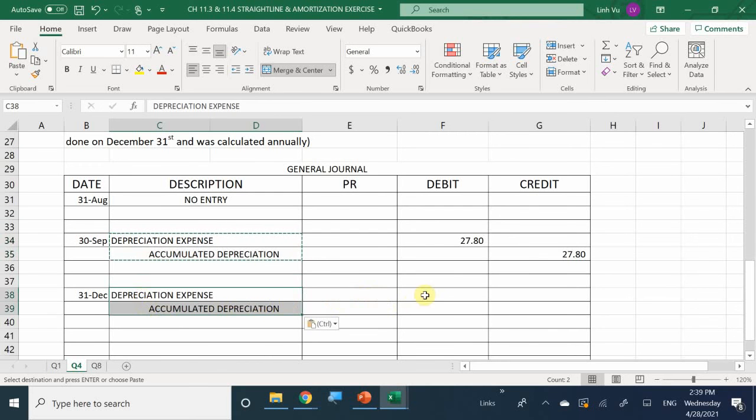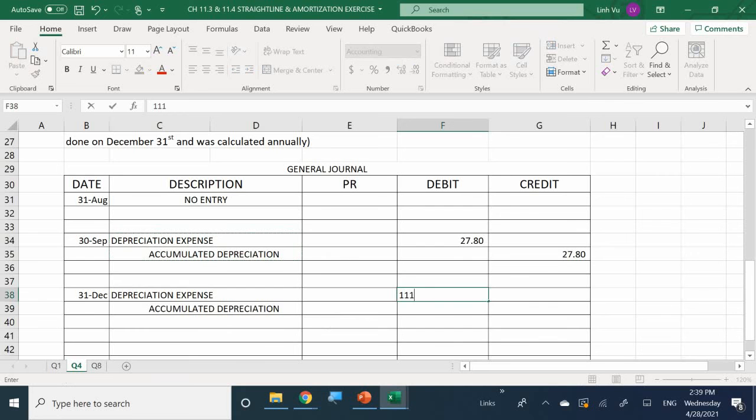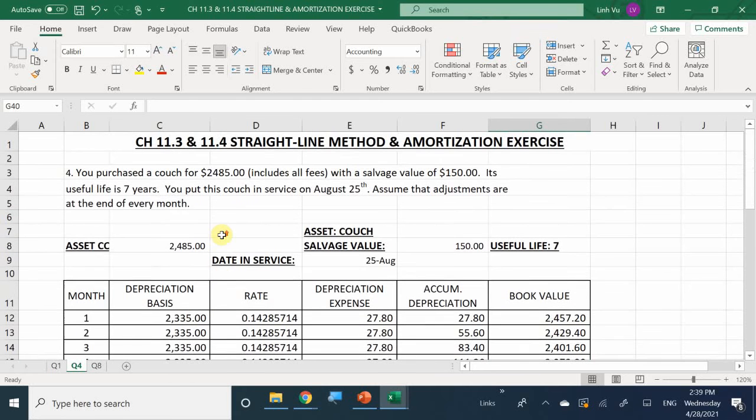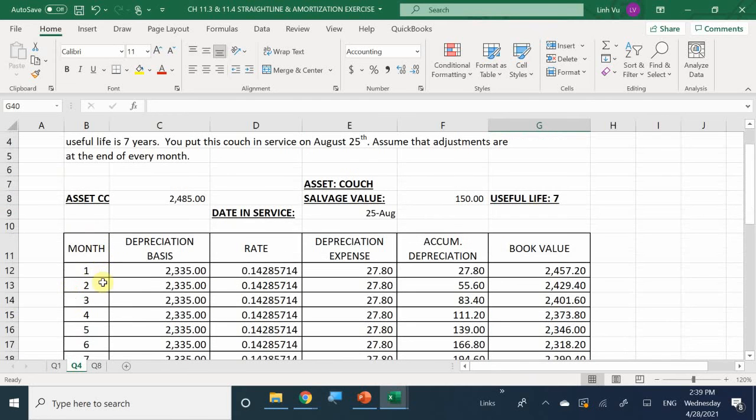Okay, so if the adjustments were done at the end of the year, it'd be 120. Once again, reading the details is very crucial in making sure that you are aware of what you're doing. If I ask you to depreciate it for every month, then you need to calculate your depreciation expense based on the month.